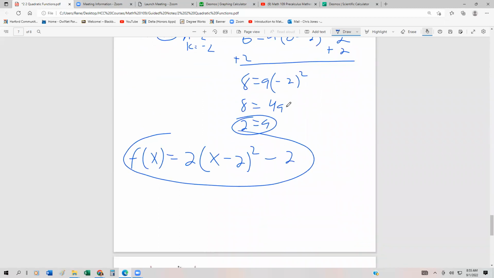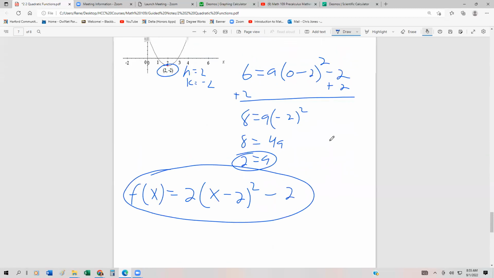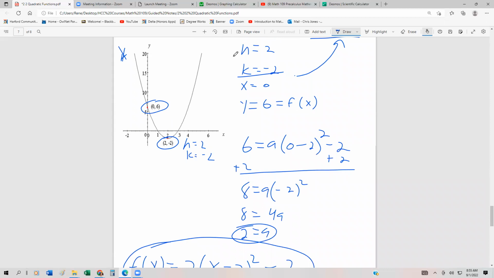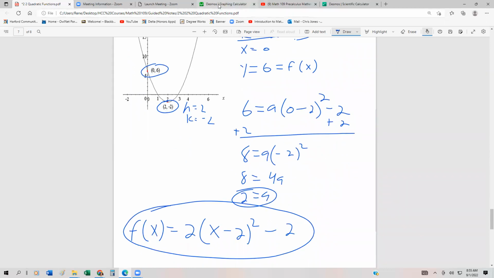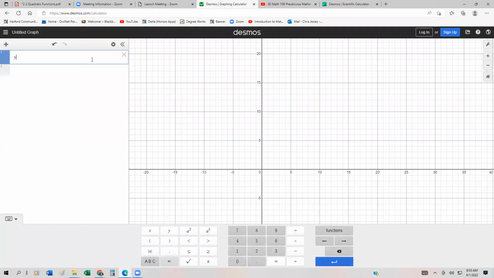Now, just for the sake of checking this first one, let's see if it matches up by plotting it in Desmos. So we have y equals 2 times (x minus 2) squared minus 2.